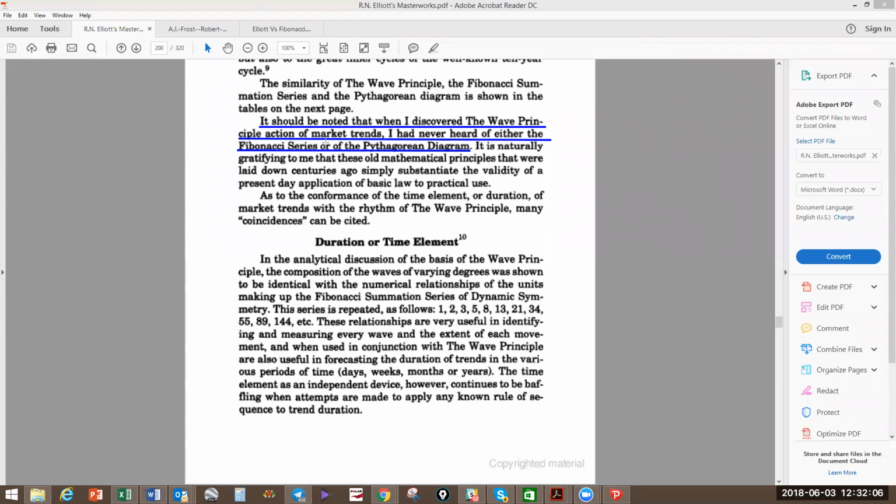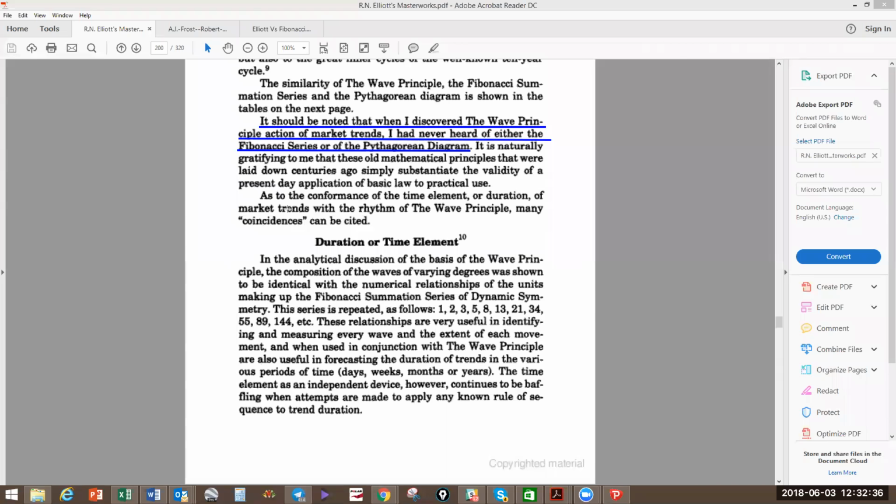Elliott only discovered his wave theory around the 1930s. Fibonacci and Pythagoras were before Christ, some earlier centuries, around the 13th century. So Elliott says here he had never heard of this, but it was very exciting for him. "It was naturally gratifying to me that these old mathematical principles that were laid down centuries ago simply substantiate the validity of present-day application of basic law to practical use."